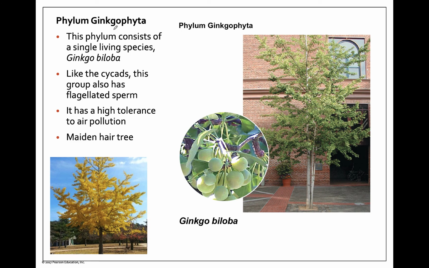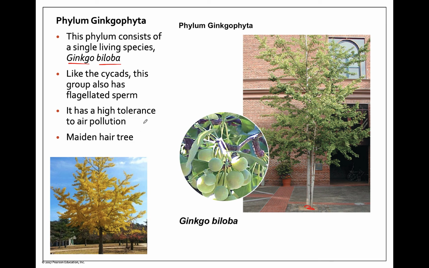Another clade of gymnosperms is the Ginkgophyta, and there's only one species of Ginkgophyta, which is Ginkgo biloba, and these are kept alive through human action. These do really well in urban environments because they tolerate air pollution, and they grow really well in cities. You can see that these are literally planted in a cement walkway.